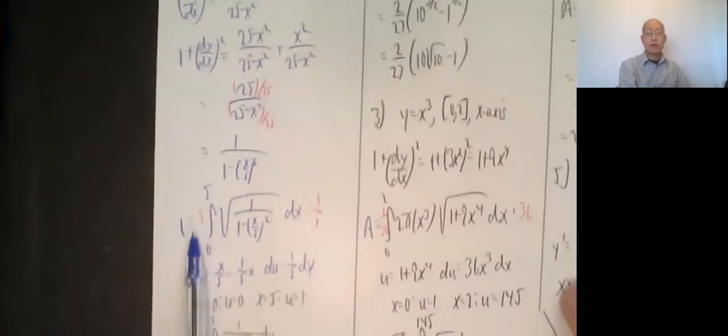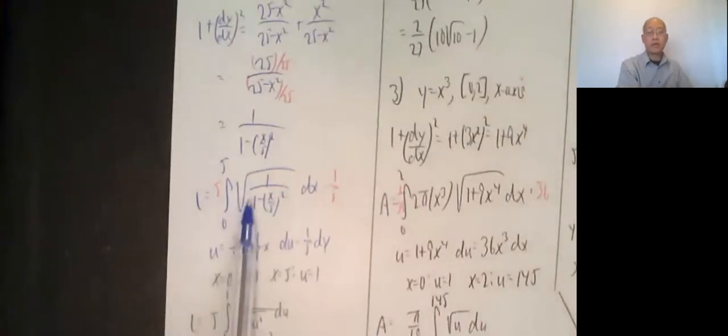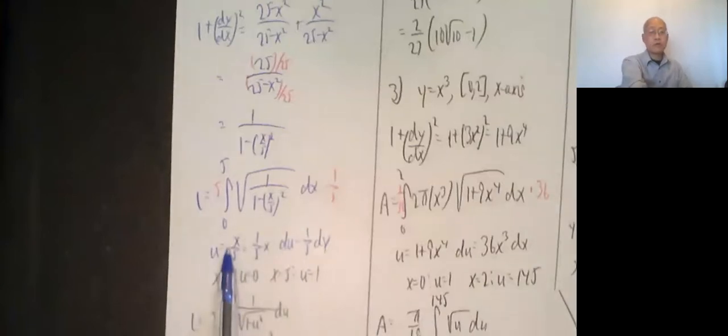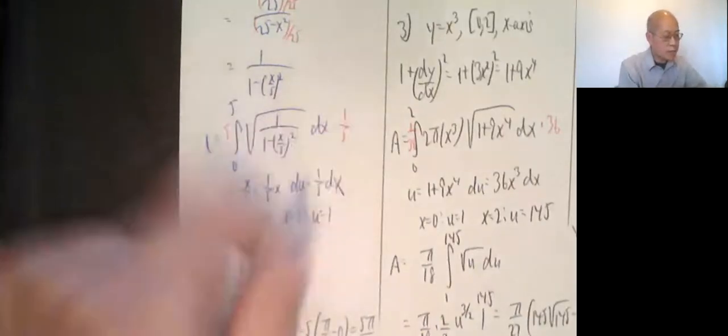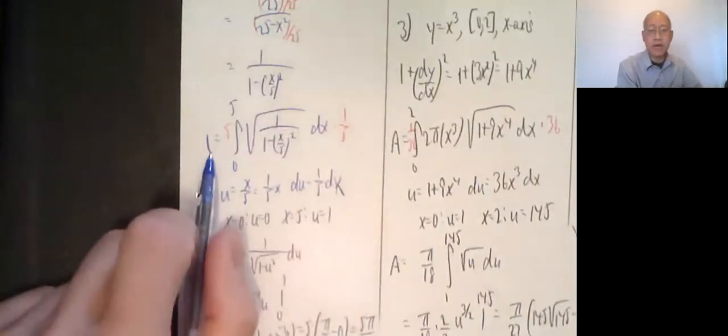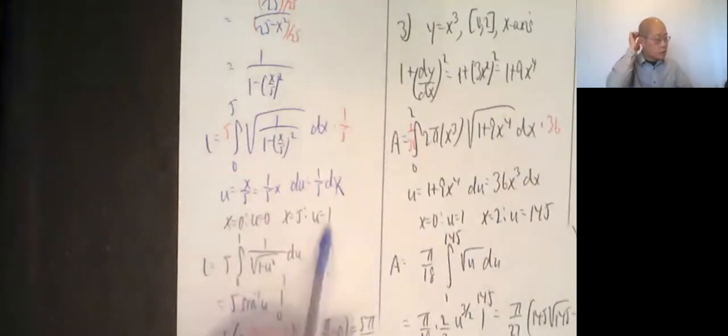So L, arc length, is the integral from 0 to 5 of radical 1 over 1 minus x over 5 squared dx. Do u substitution. U equals x over 5, which is the same as 1/5 x. Du is 1/5 dx. So I need to multiply by 1/5 inside and 5 outside. When x is 0, u is 0. When x is 5, u is 1.